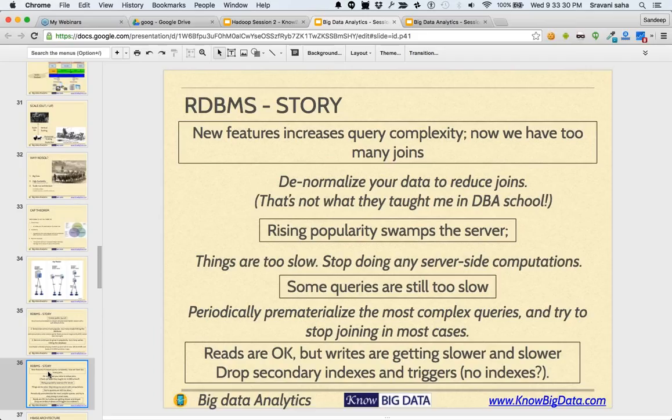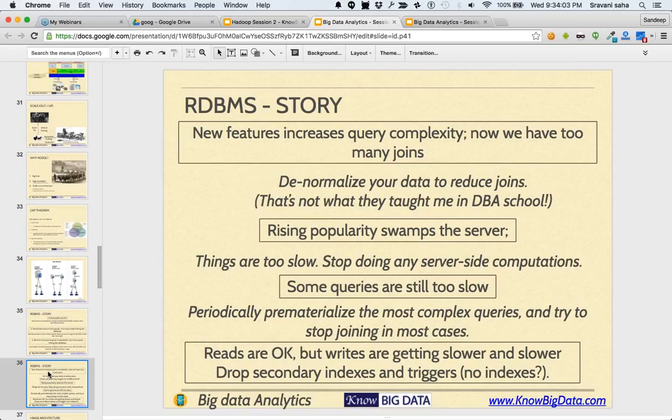And just because you are under the pressure of performance, you are forced to denormalize the data. So the second property we had to forgo. The first property we forwent is consistency. The second property we are forgoing is normalization. And when you have no normalization, the referential integrity does not make much sense. So we have let go of referential integrity.